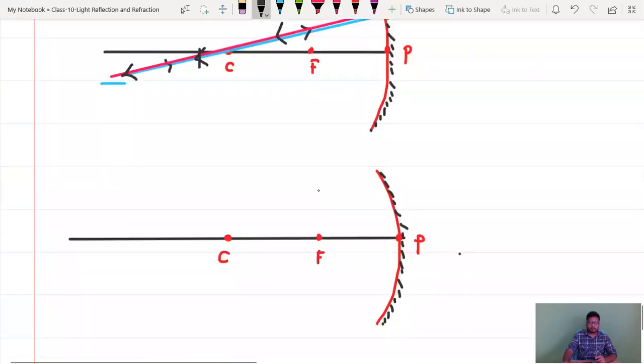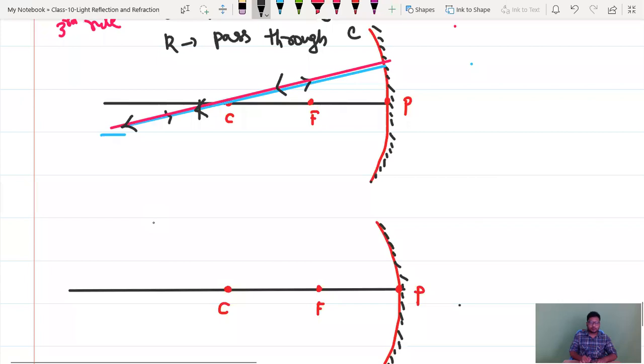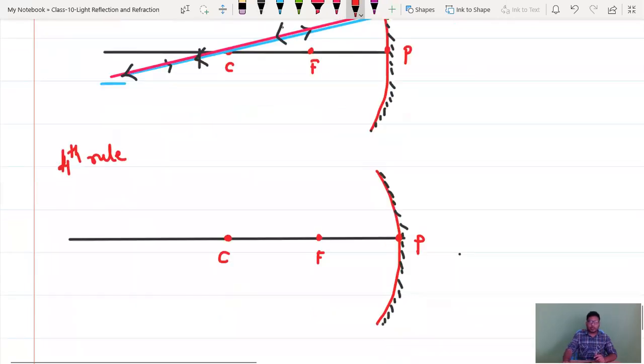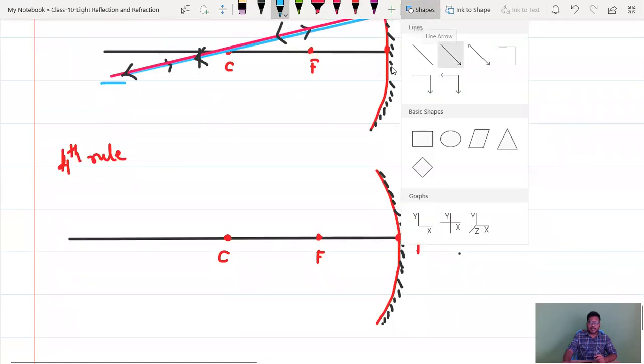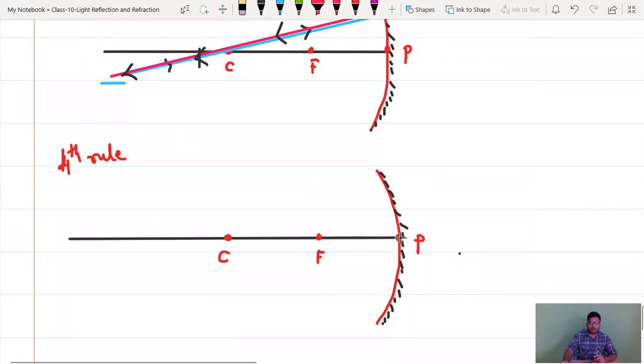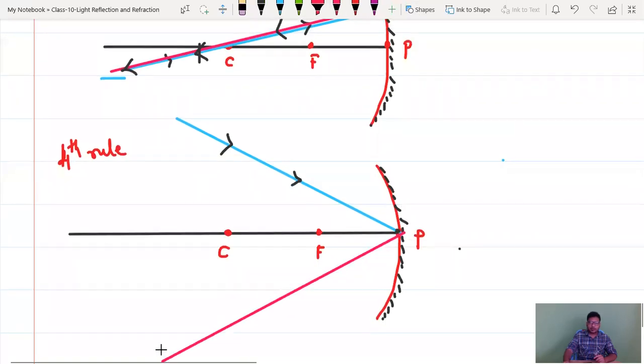Next, fourth rule. Rule number 4, if an incident ray is touching the mirror at point P, coming from some source and touching point P, the pole, the ray reflects back from the pole like this.